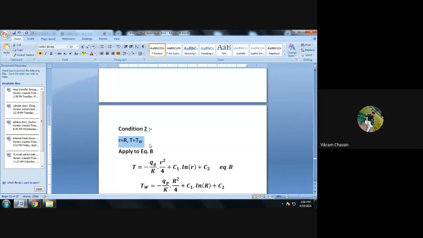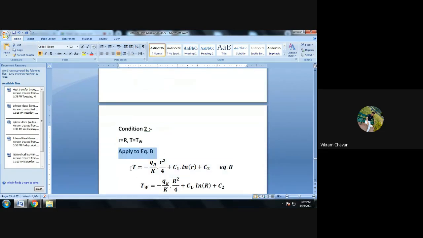So the second condition is when small r is equal to capital R, then T is equal to TW, that is the surface temperature of the rod, and we have to apply this particular condition to equation number B.